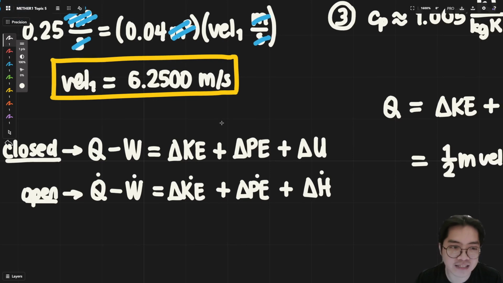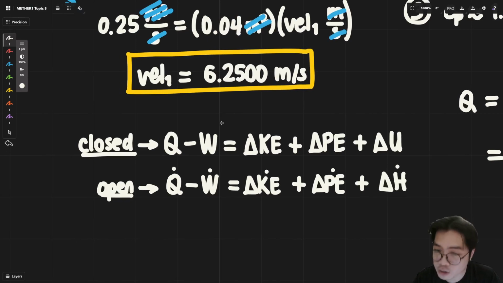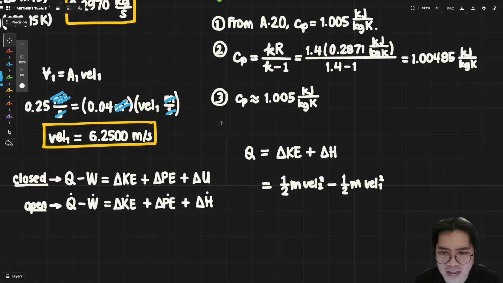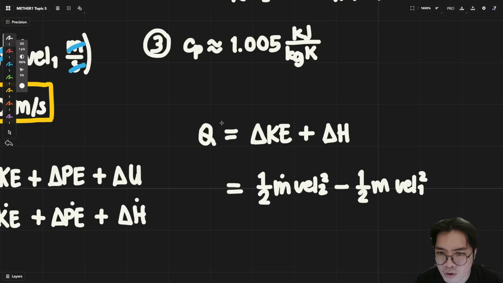Everything in here is not a change in kinetic energy, not a change in potential energy, not a change in enthalpy, not a heat transfer or a work transfer. Everything is a rate. Why is that? Because you don't have a mass, you instead have a mass flow rate.